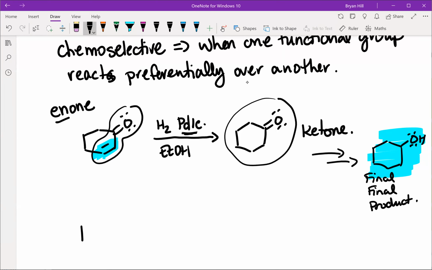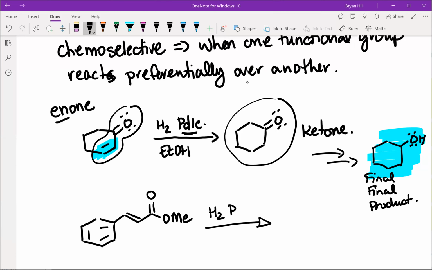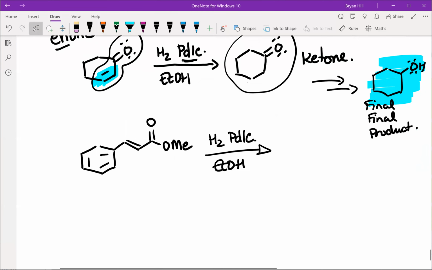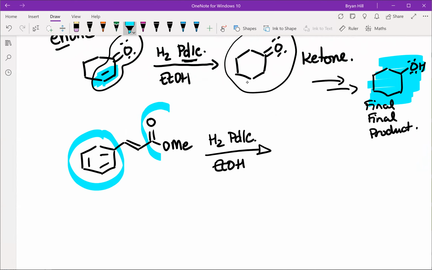Some other examples. Now here, we've got two other functional groups. One, the aromatic ring, and the ester.